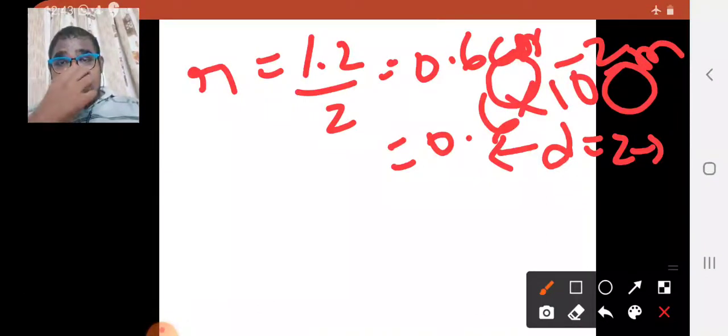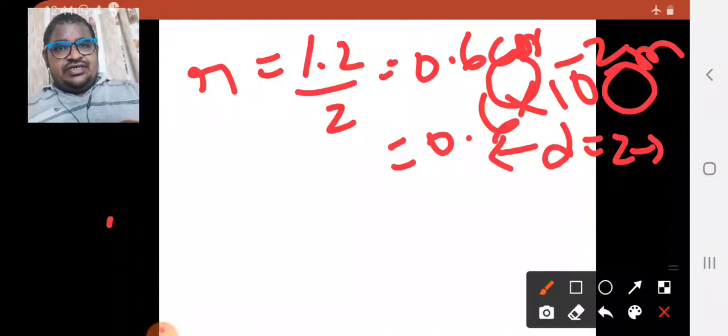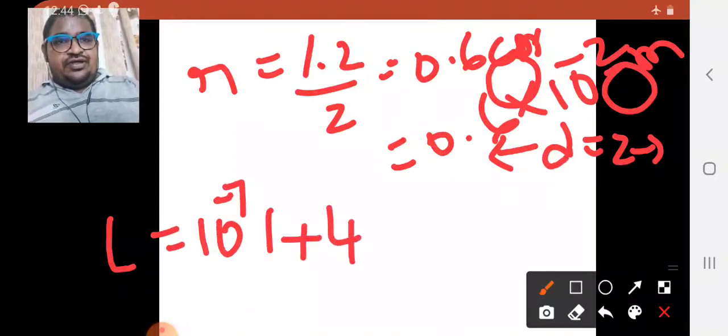Now what is the inductance of the single phase line? That is loop inductance. We already have the formula: L is equal to 10 power minus 7 into (1 plus 4 ln d by r).